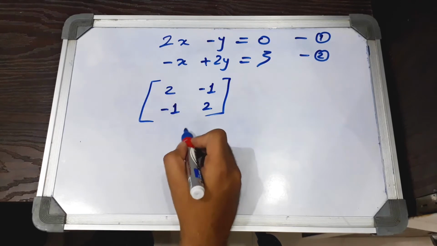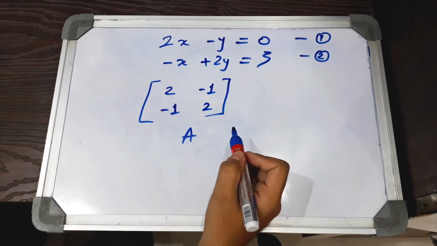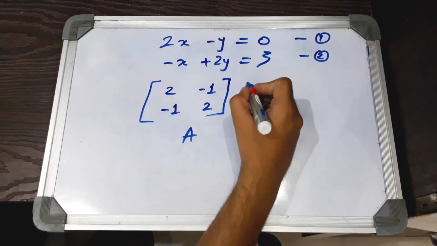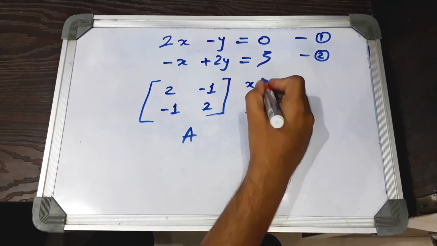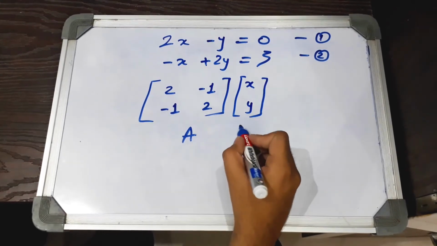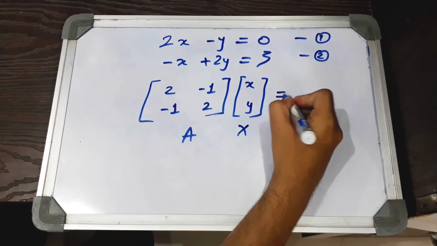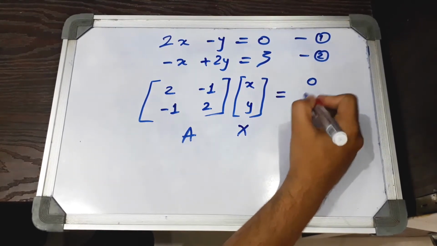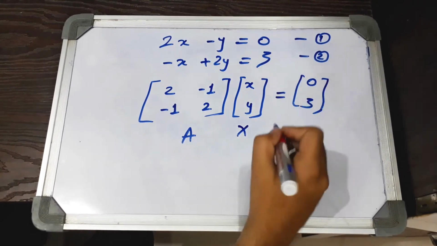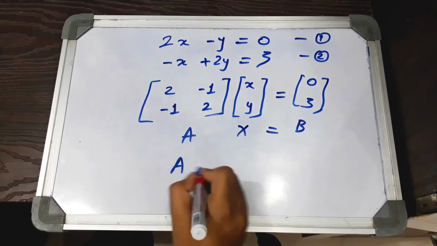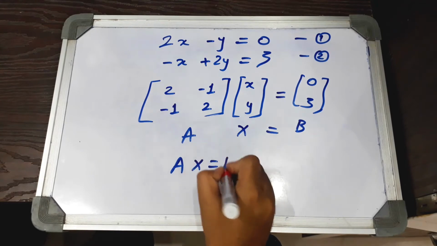This matrix, let's call it matrix A. It is multiplied with a vector of variables, x and y. This is a vector, let's call it x, and here is a vector which gives the solution, which is 0 and 3. Let's call this b. So what we got here is basically Ax equals b.